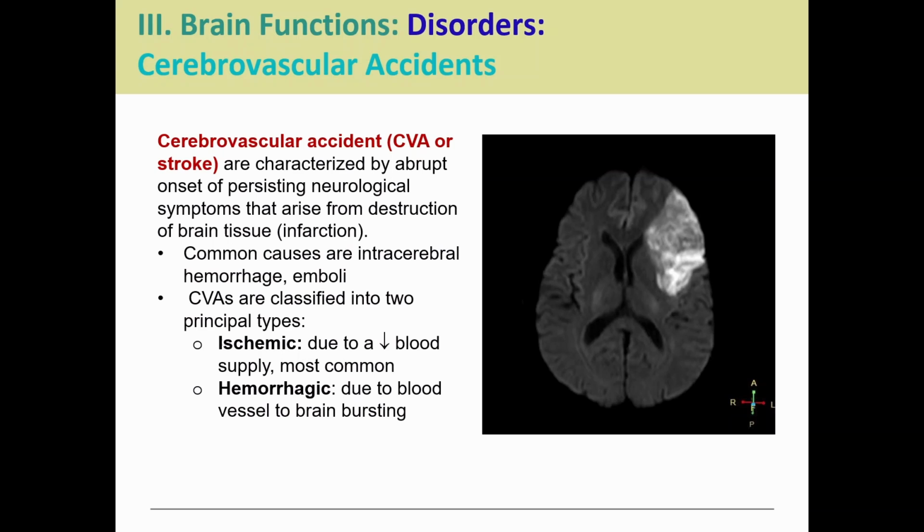Or hemorrhagic, this is where a blood vessel has actually broken open, and so we see bleeding on the brain, right, with that. And so those are the two different types of strokes we see, right? But both of them have a similar effect in that part of the brain is not getting access to oxygen or nutrients and whatnot, and so that brain tissue will die, right, if it is not treated.